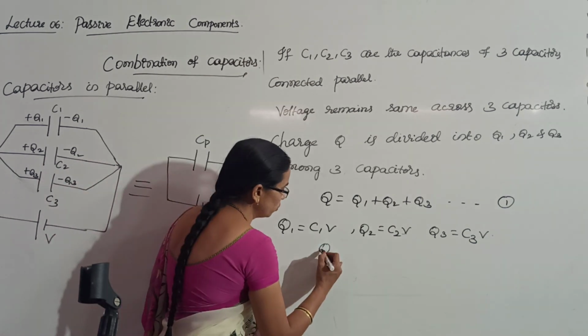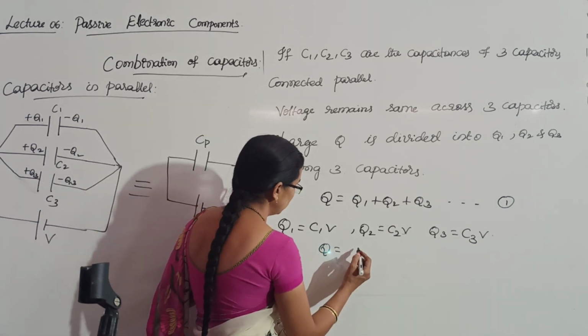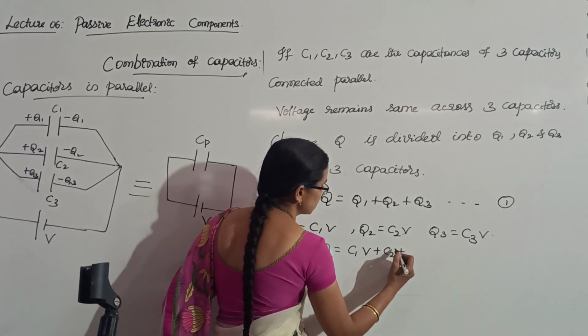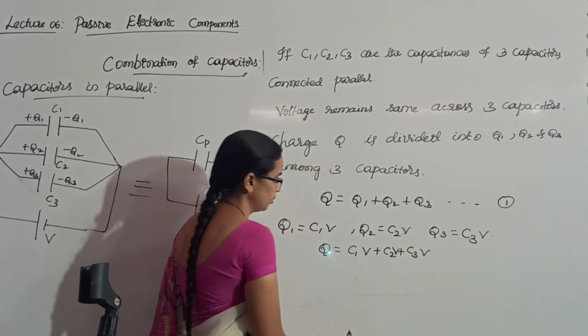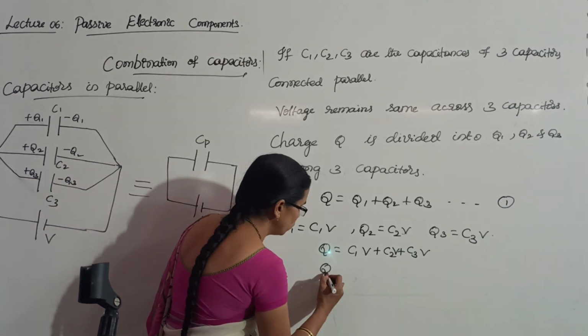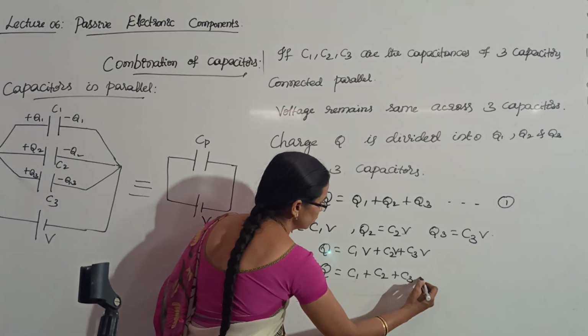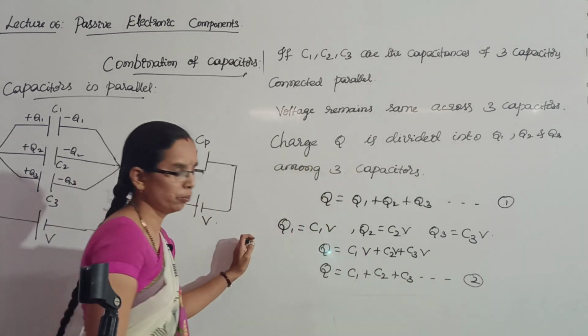So Q is equal to C1V plus C2V plus C3V. Q is equal to C1 plus C2 plus C3, times V. Equation 2.